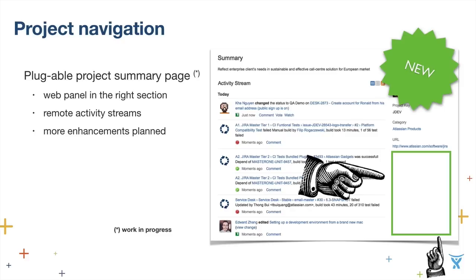So therefore, we decided to simplify it a lot and make it much, much easier. Again, from the plugin and add-on development perspective, the new page is going to be backwards compatible, and all the locations for the web panels are going to be retained. We are actually introducing a few more just to be able to allow you to put the content in the places where they belong best.